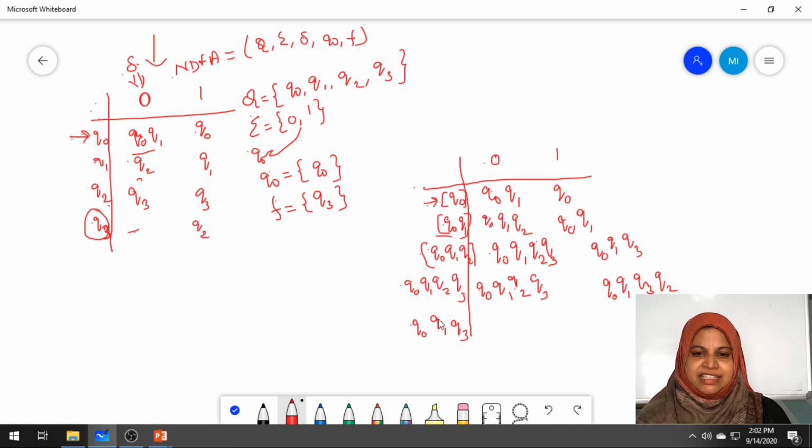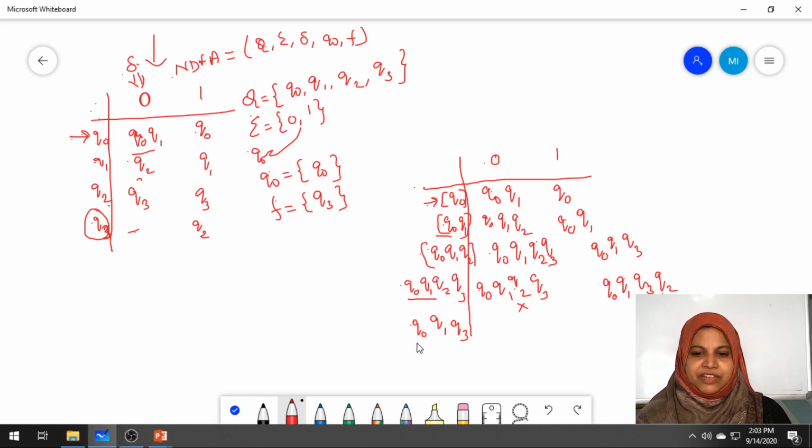Is there any new state here? Here also we are getting the same state, q0, q1, q2, q3. So, this is not a new state. No need to write the transition for q0, q1, q2, q3, as we have already written the transition for it. So, this is not a new state.